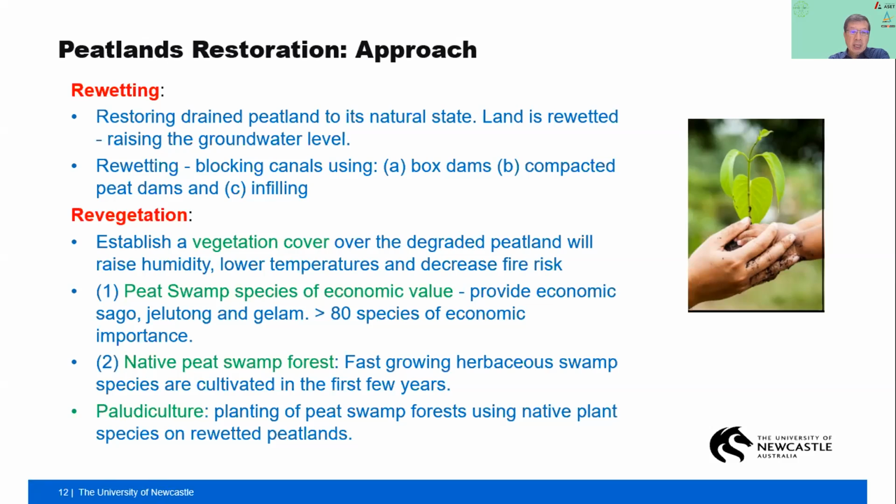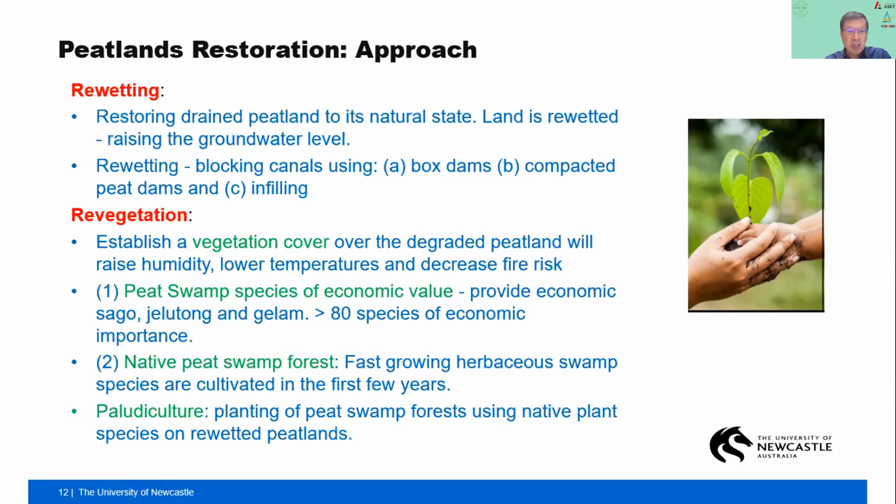So then the second part, we also need the natural system to come back. So predominantly maybe 60–80% of the land we want to put in the natural swamp species, the peatland forest type, to grow and repopulate the area.